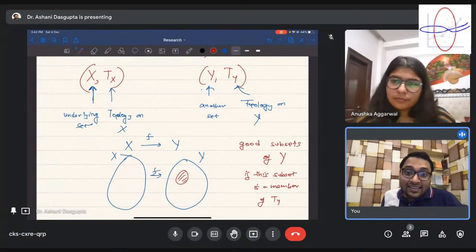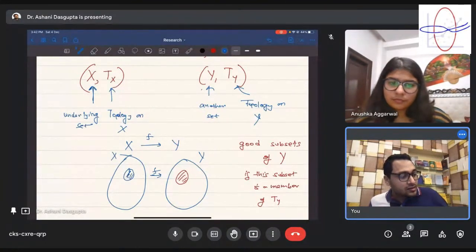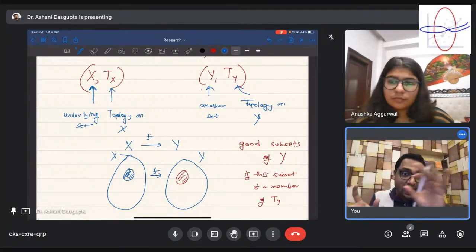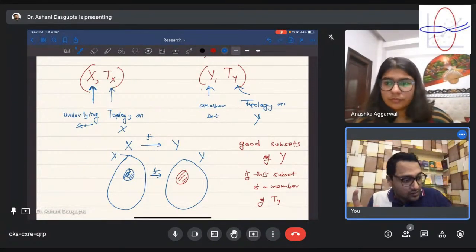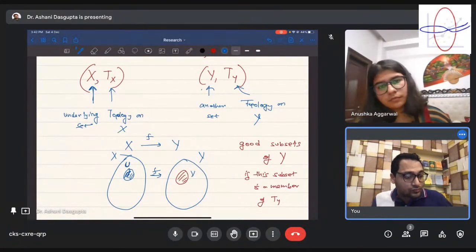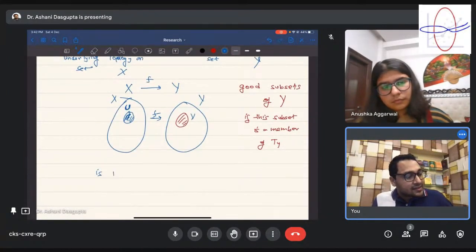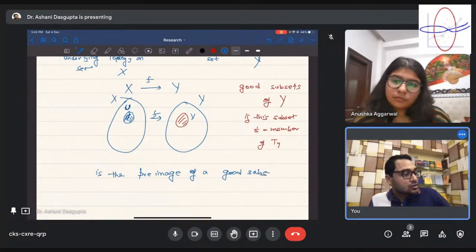So we look at the preimage of good subsets in here, so basically all the points in X that map to that good subset in Y. Let's call this good subset V, and let's call this one U. And we ask the question, is the preimage of a good subset good?